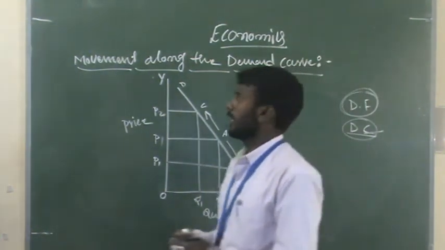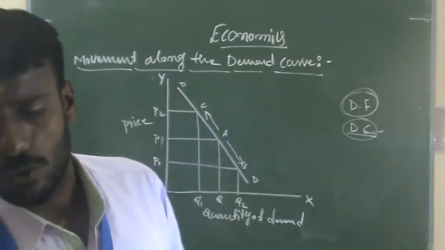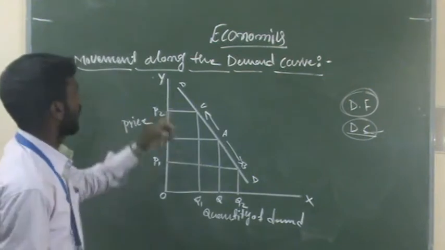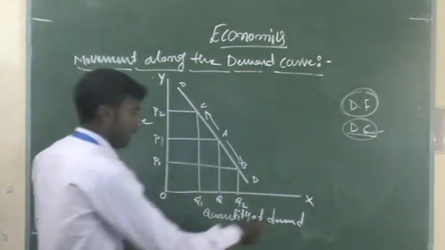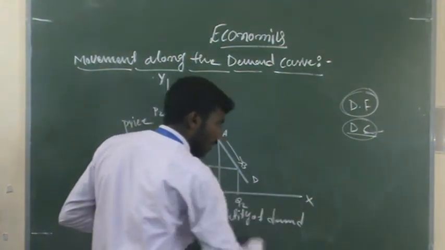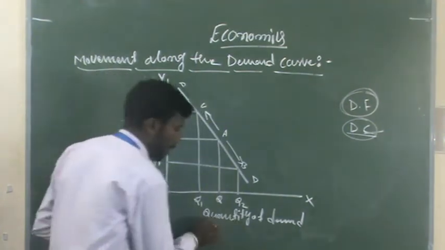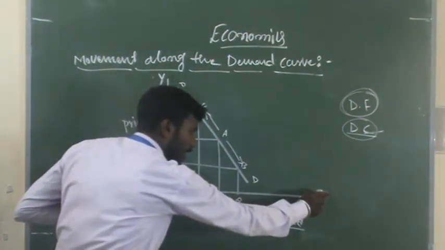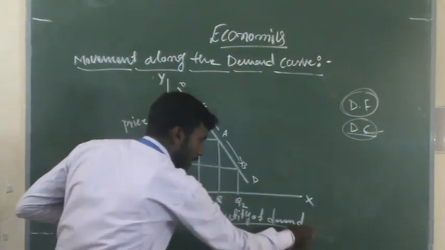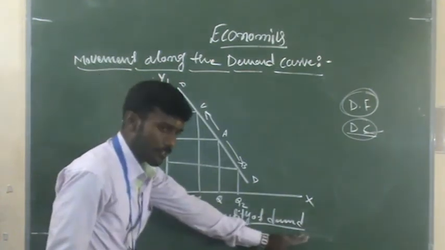See, totally the concept of the movements along the demand curve, here we are going to understand, here we are going to explain with the help of a graph or a diagram. In the x-axis, the OX axis, we plotted or represented the quantity of demand.